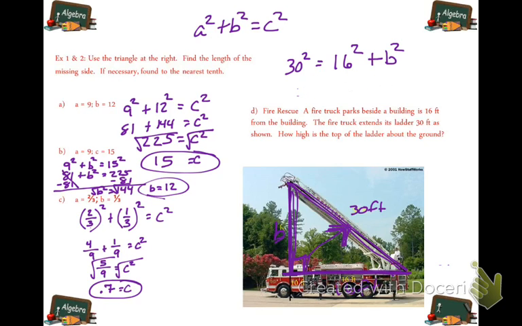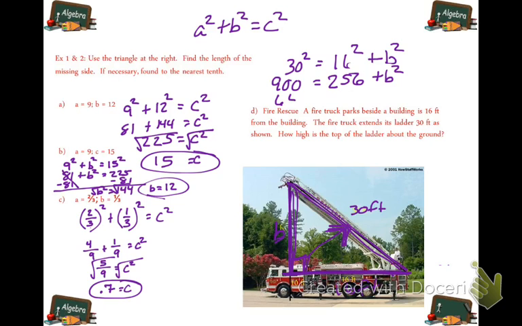Then you square everything, 30 squared. That is 900 equals, and then you find out what 16 squared is. That's 256 plus B squared. I want to get B squared by itself, so you subtract 256 from 900.